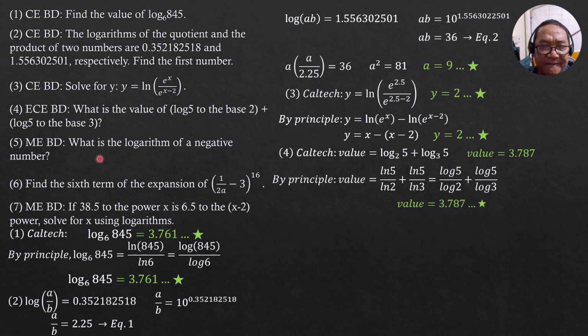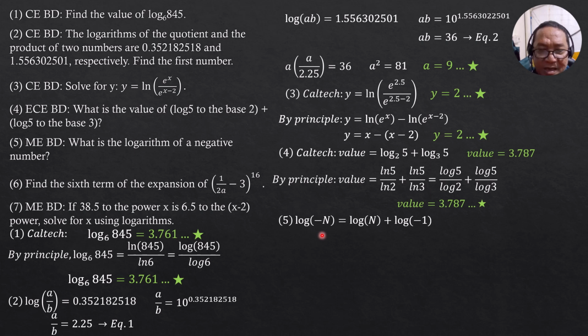Then problem 5. What is the logarithm of a negative number? So let us denote the negative number as the negative of a positive number, n. So log of negative n. By property of logarithm, this is log of n times negative 1.